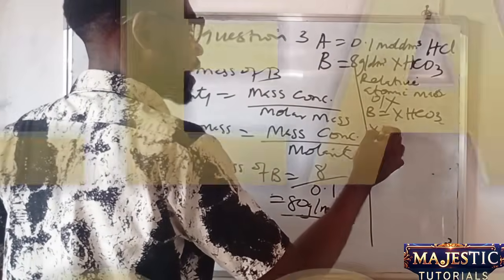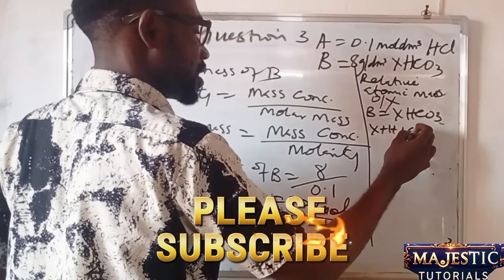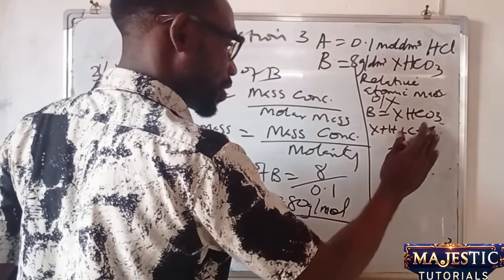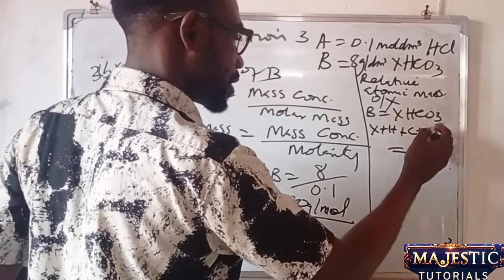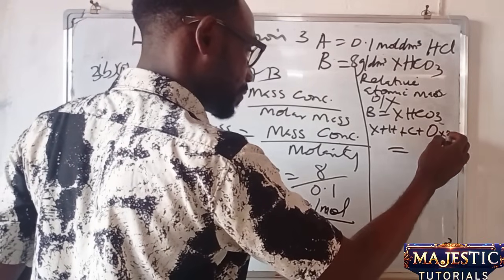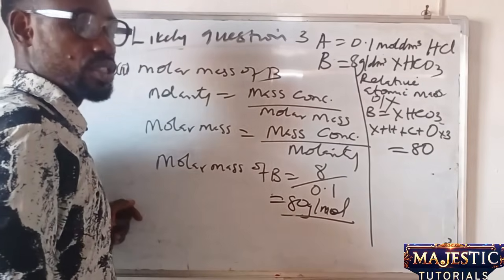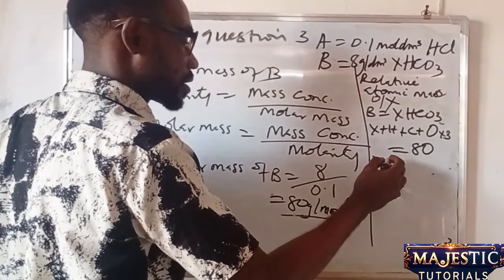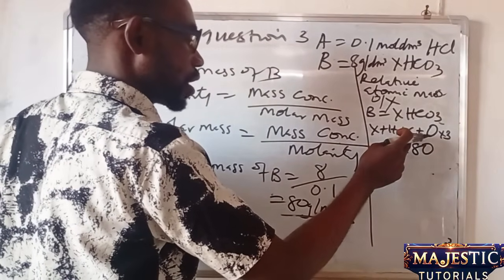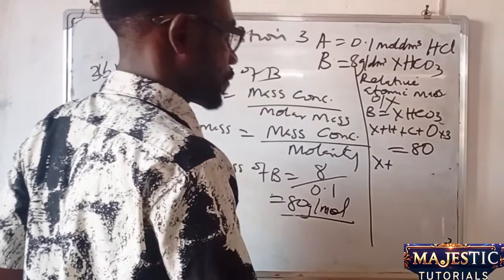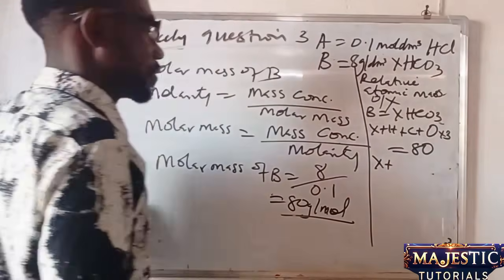This implies that X plus H plus C plus 3 times oxygen, we sum up. This is not 3 times 0, before you get it twisted; it's oxygen times 3, not 0, that will give us 80. We already know hydrogen is given to us as 1. So X plus 1 plus 12 is 13, plus 48.